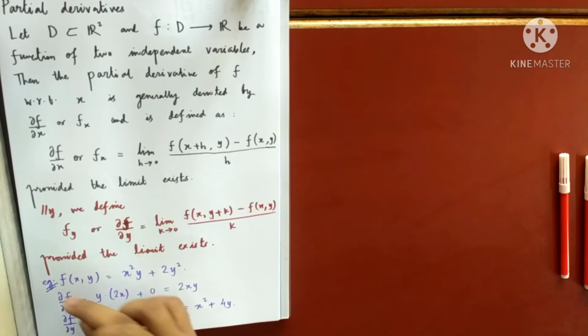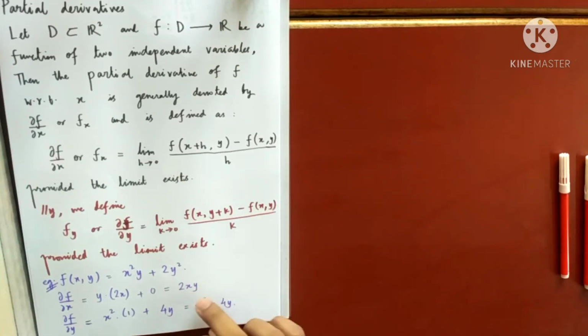But in general, they are nothing but functions of two independent variables again. So del f del x and del f del y are again functions of several independent variables. For different values of x and y, you will get some answer.